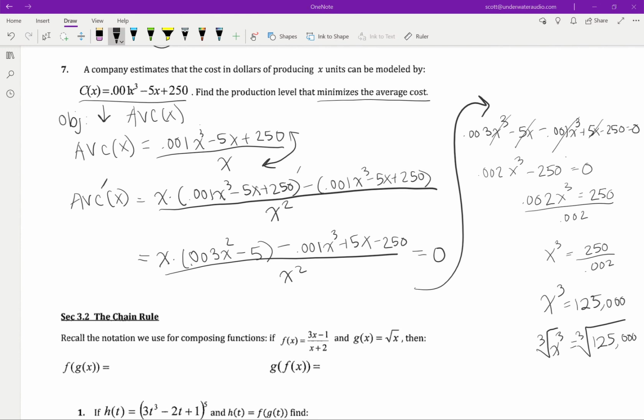Let's see. I'm not even sure this calculator does that. I don't think this calculator does. I'm pretty sure that's 50,000. I can check my work by multiplying 50,000 by itself 3 times. So see how that works. Oh, no, that was not right. Maybe it's 5,000.